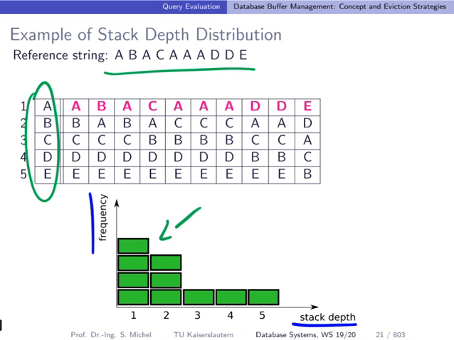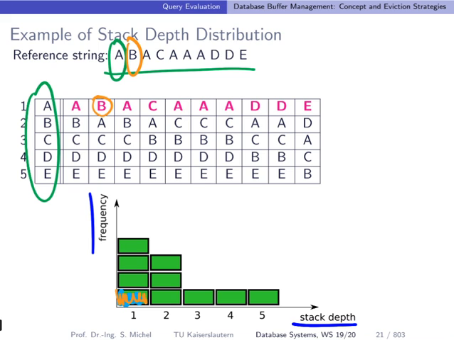Initially, assume that the stack content is A, B, C, D, E. Now you access the first element, A, and A just stays at the top position, so you add a count there.